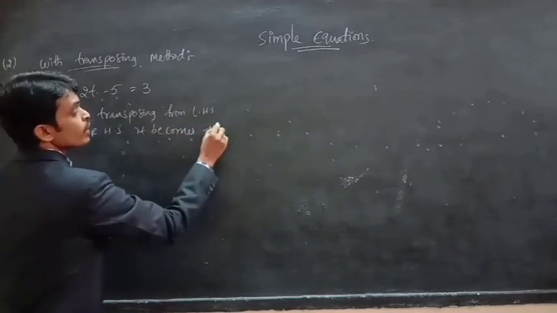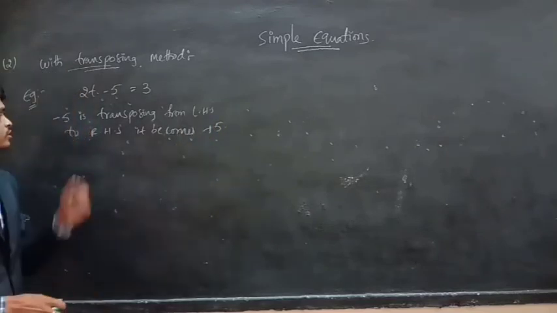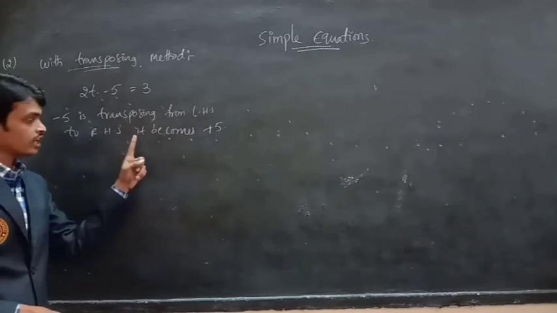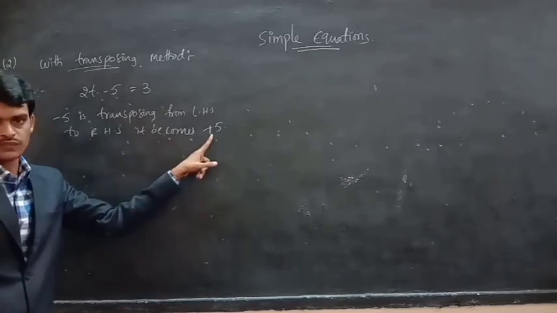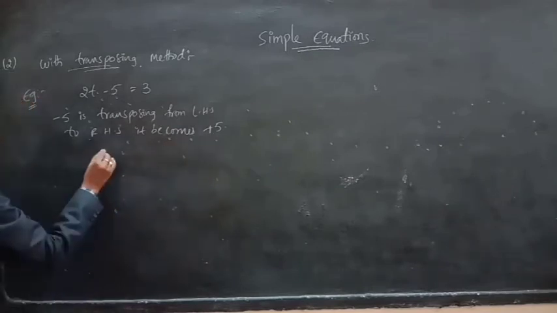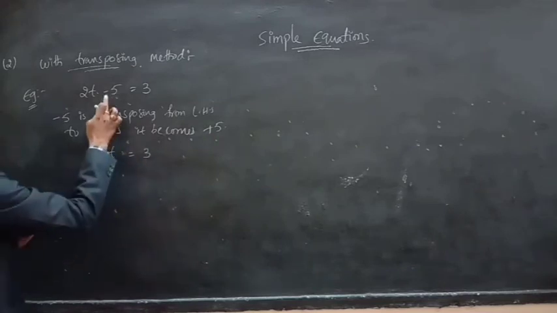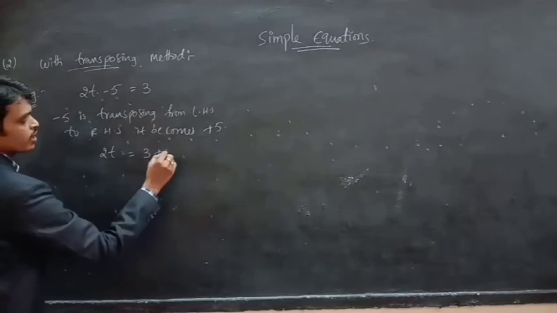Minus 5 is transposing from LHS to RHS, then it becomes plus 5. Yes or no? Right. So 2t is equals to 3. The minus 5 becomes a plus 5.